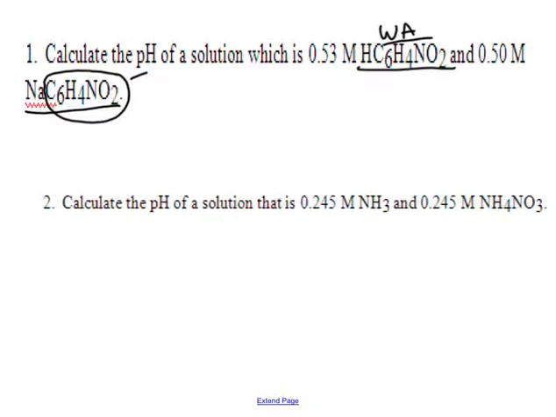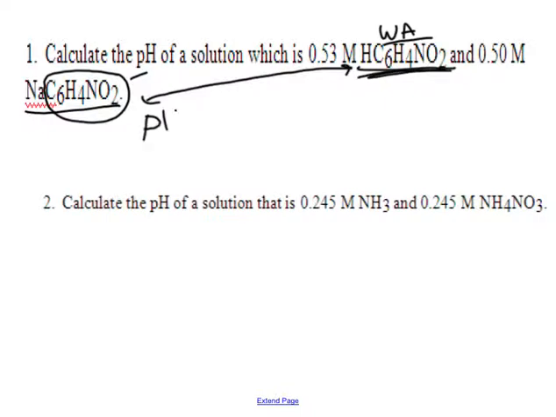Do you see how the ion of the salt only differs from the weak acid by one H? Those are conjugates of each other. All right? So those are the two things that make this a buffer system. So we're going to use the pH version of Henderson-Hasselbalch because what we start out with is our acid. If we had a base and its conjugate acid, we would have used the pOH version.